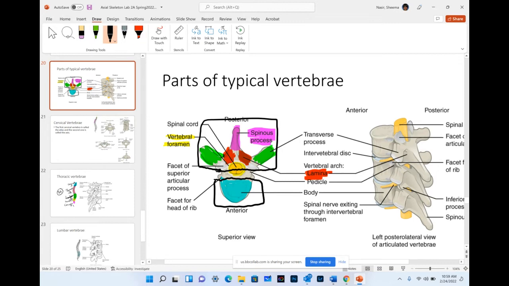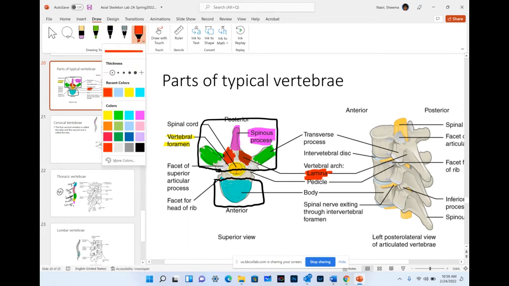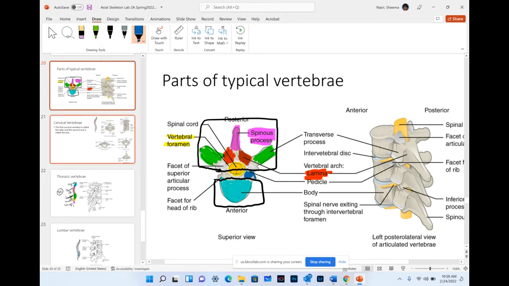In between the two, you see this area? Meaning this part and this part. In between the two. That is your pedicel.